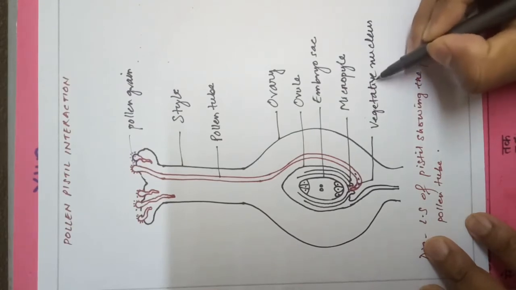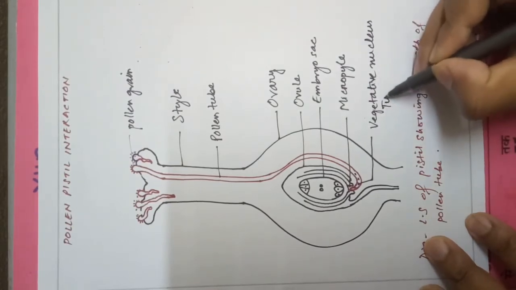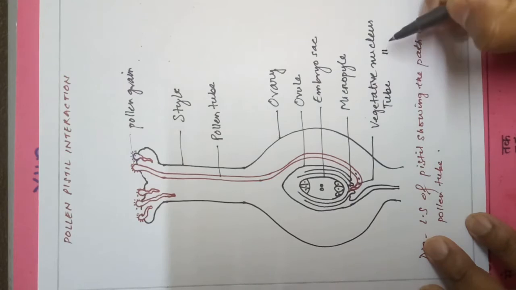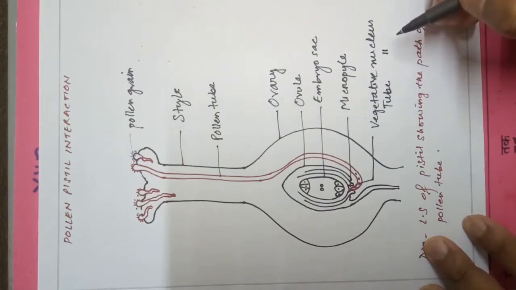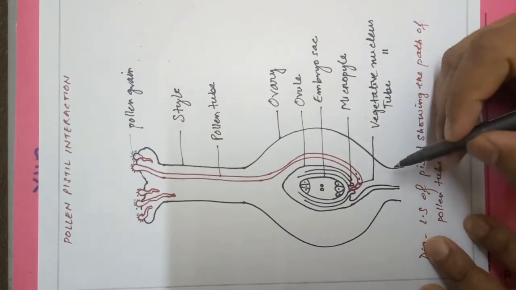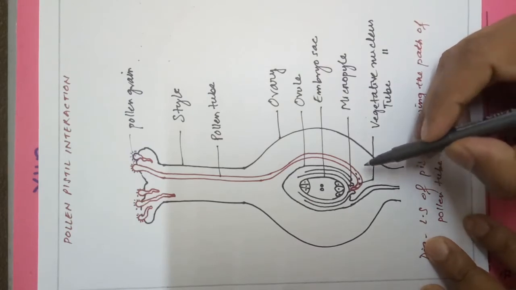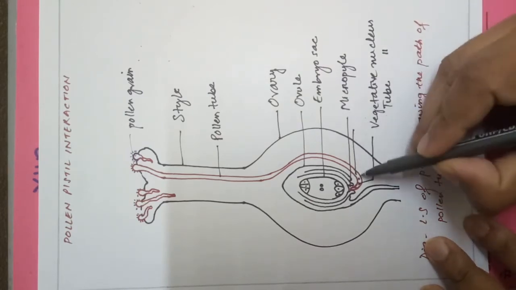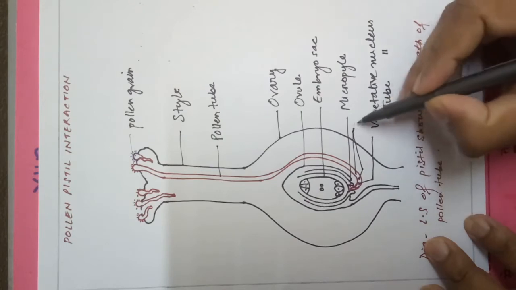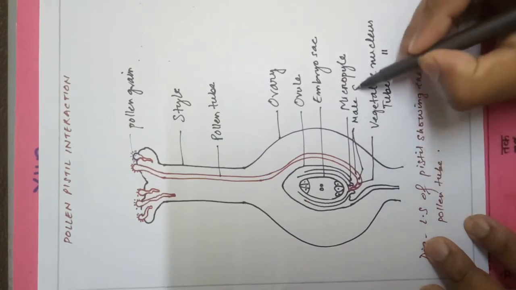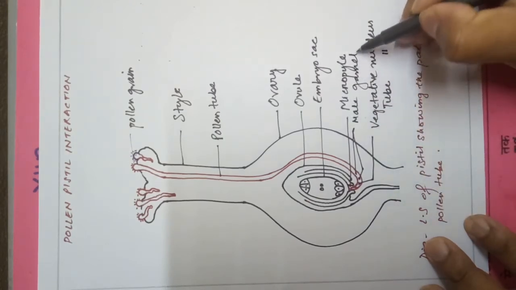You know, vegetative nucleus is also called tube nucleus because it helps in the formation of the pollen tube. So it's called tube nucleus. And following this tube nucleus we have 2 male gametes. So these two are the male gametes.